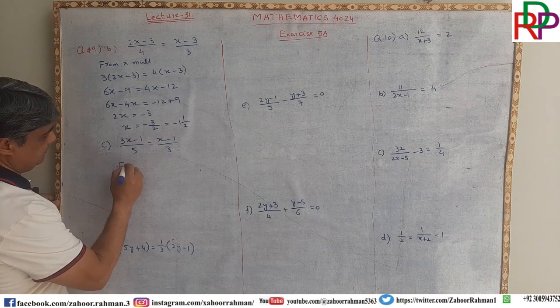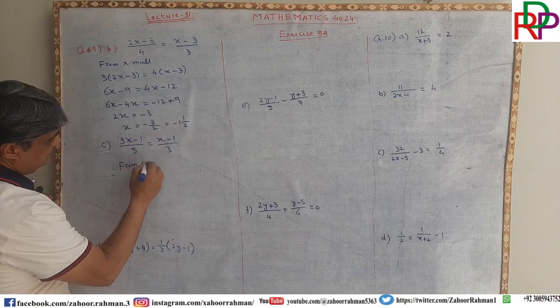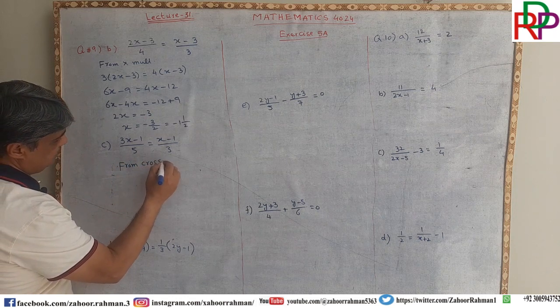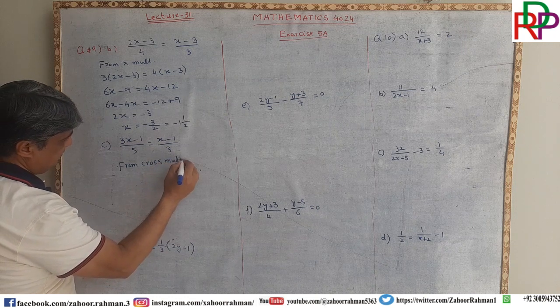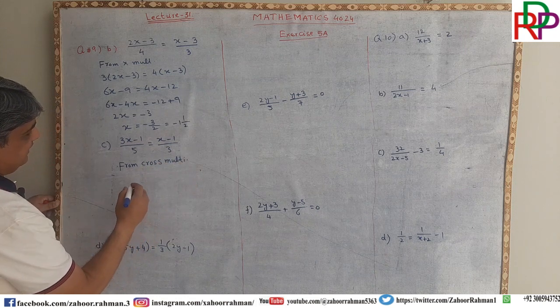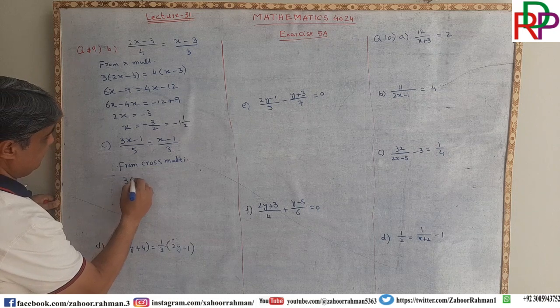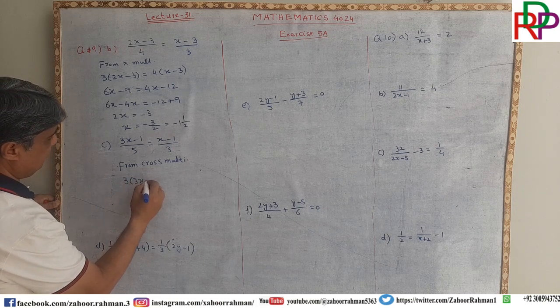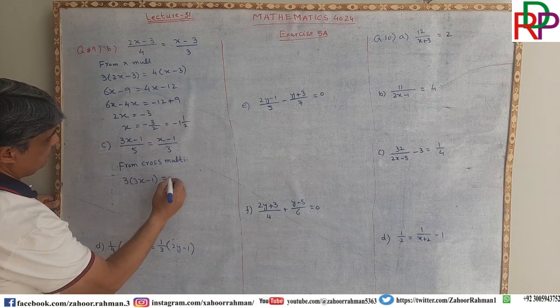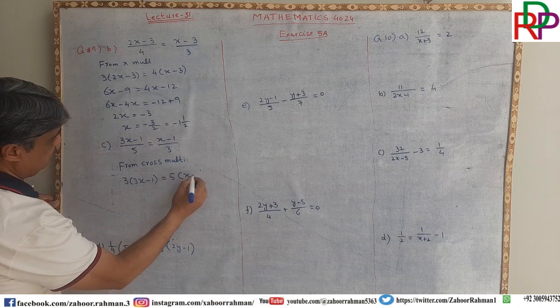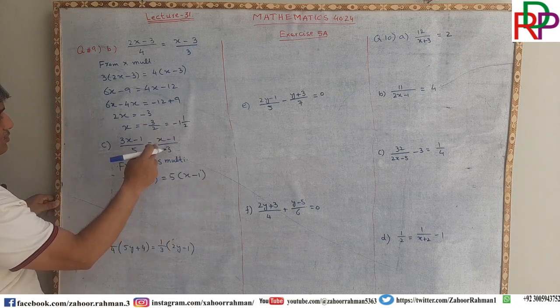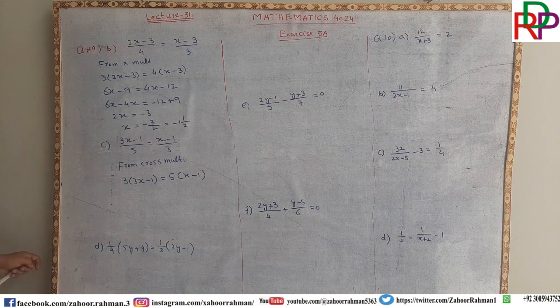From cross multiplication, again we are having 3 into 3x minus 1 is equal to 5x minus 1. This will go there and this will come here.